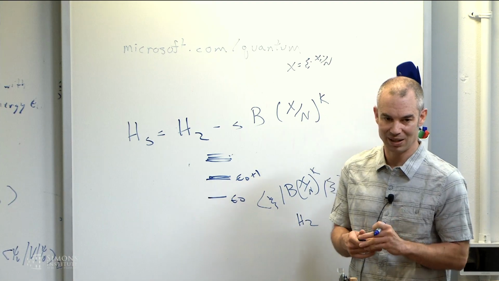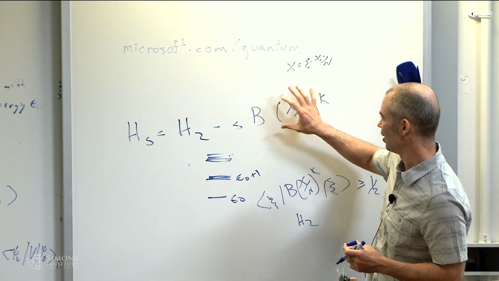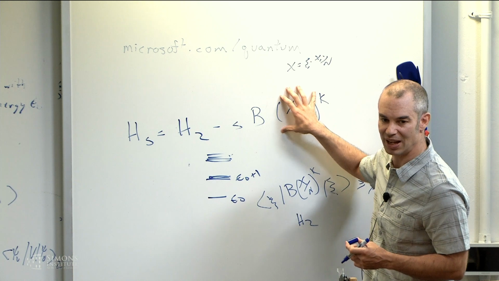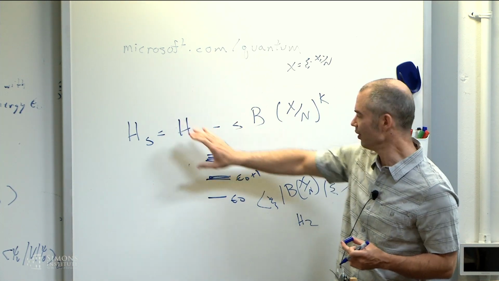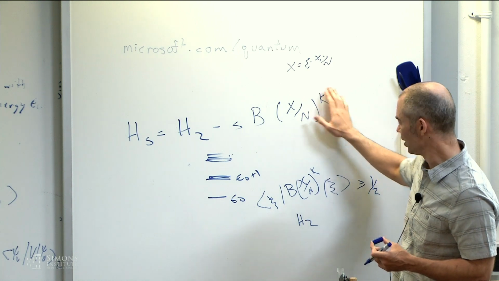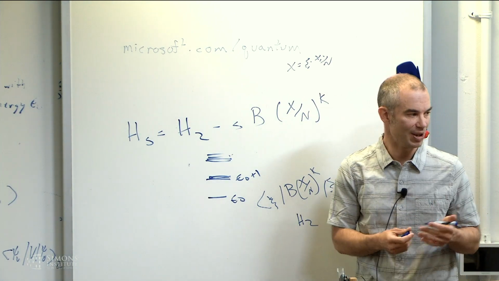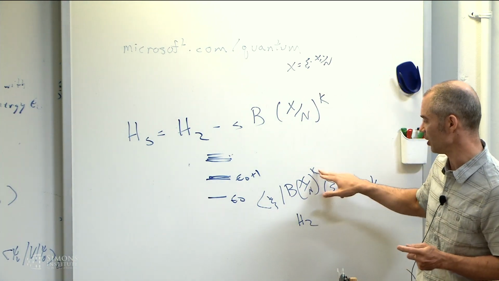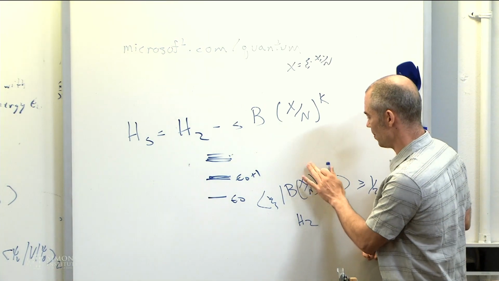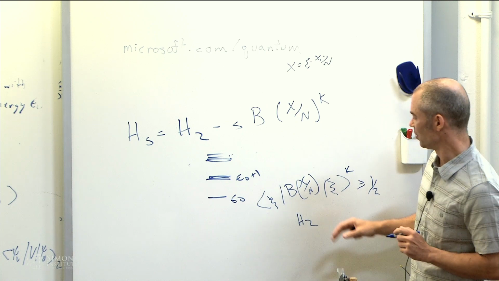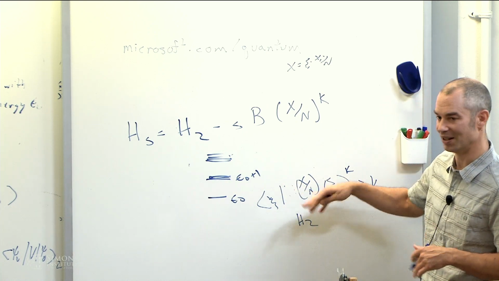You have to be able to form some state that has a large enough expectation value for this term to compensate for the fact that it's made out of excited states for that term. And this is where the high power of k comes in. Because you may worry that this is an expectation of a power of k. For simplicity, there are technical steps to get around it. Imagine we were just thinking about taking the expectation value outside of the power.